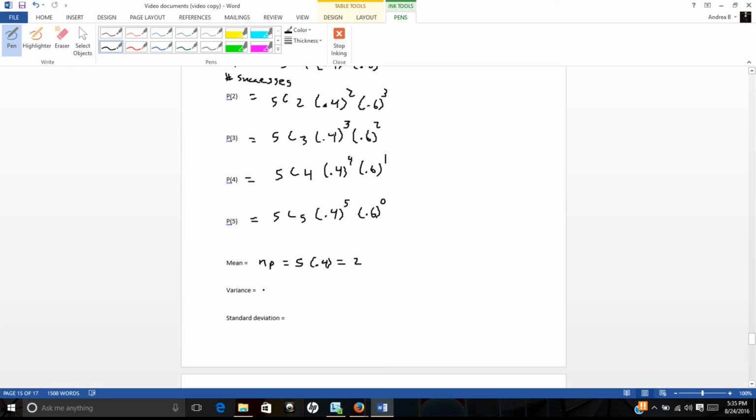For our variance, what we have is our n times p times q, all of those multiplied together. So here we'd have 5 times 0.4 times 0.6. So if we multiply that out there, we get 1.2.